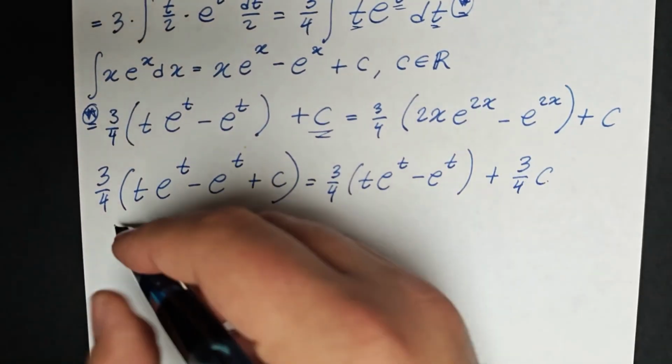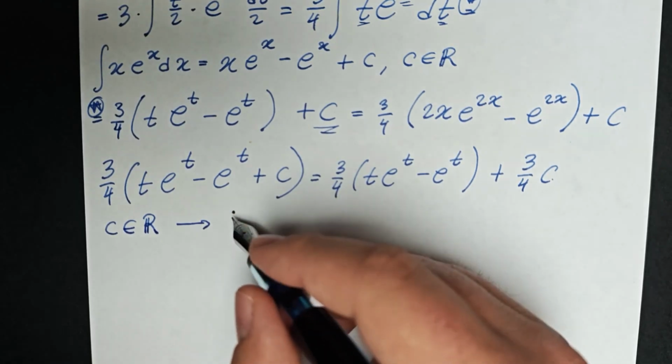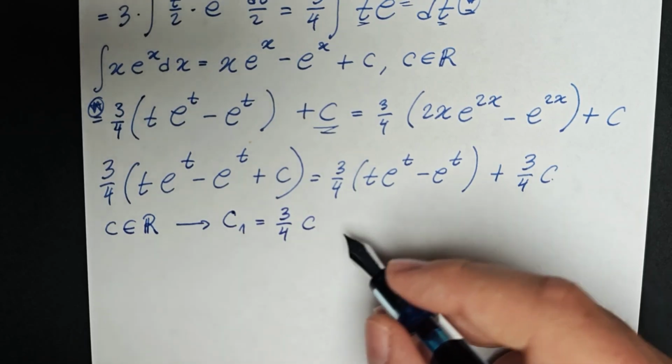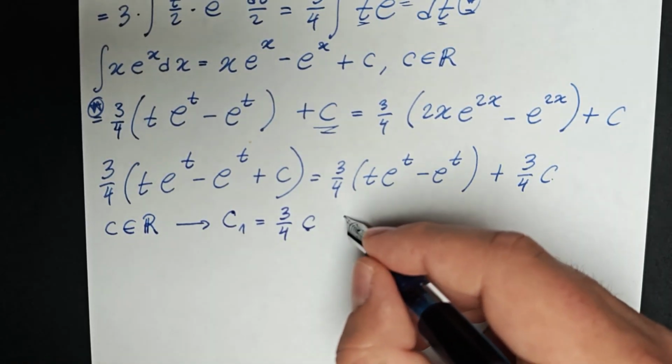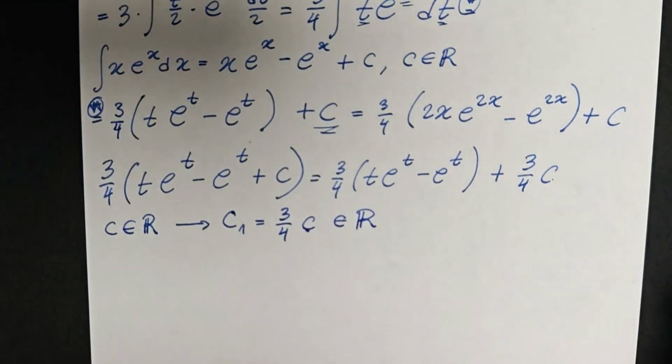And to that I can respond with exactly, you're right. But that c, as you recall, is a real number. If we say that c1 is equal to 3/4 of c, where this c is a real number, then 3/4 of c is again just a real number. It is a constant.